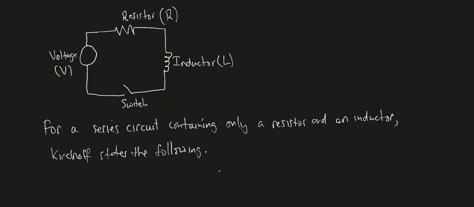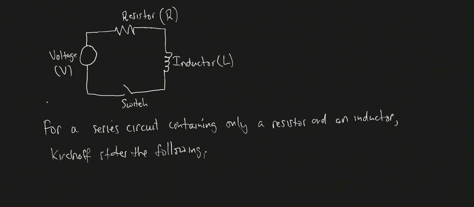And the general principle, in fact, not just for these types but for many types of circuits, is that Kirchhoff says the voltage drop that occurs across each component, so again the resistor would be a component and the inductor would be a component, if you sum up those voltage drops, has to be equal to your impressed voltage.